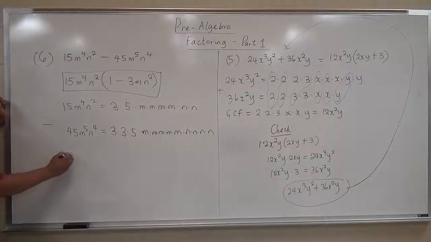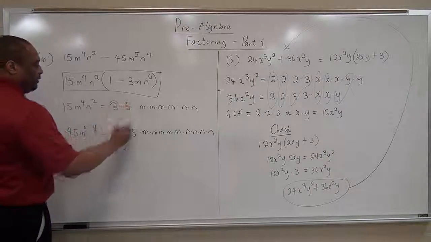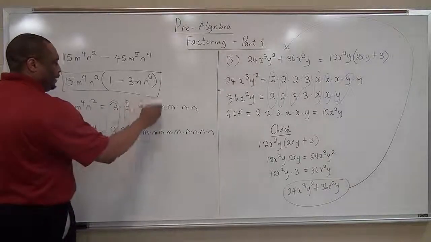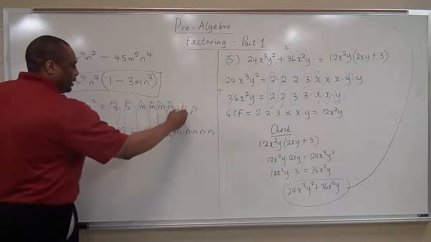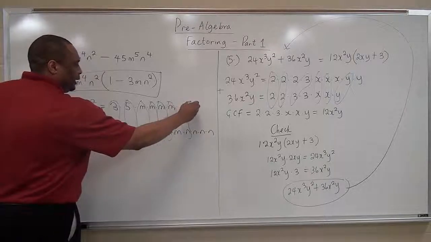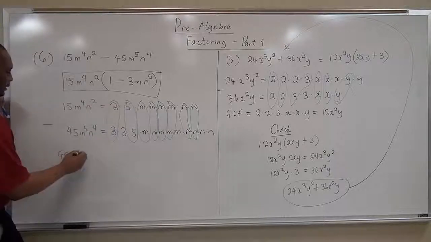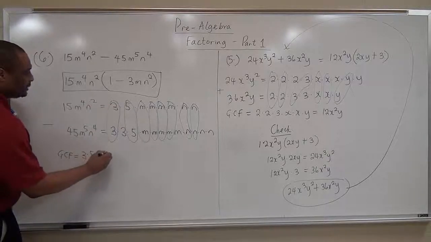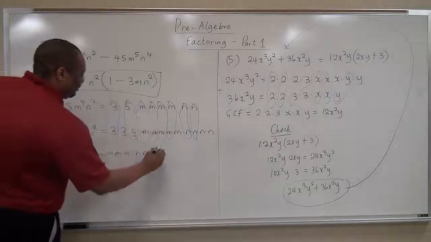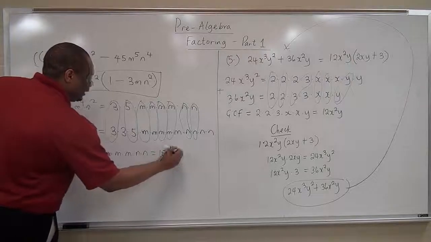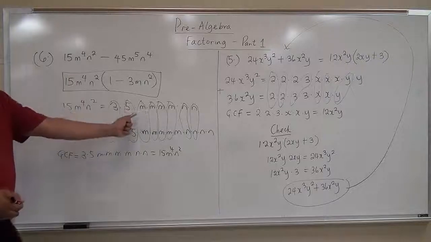So the GCF is 3 times 5 times m times m times m times m times n times n, which gives you back 15m⁴n².